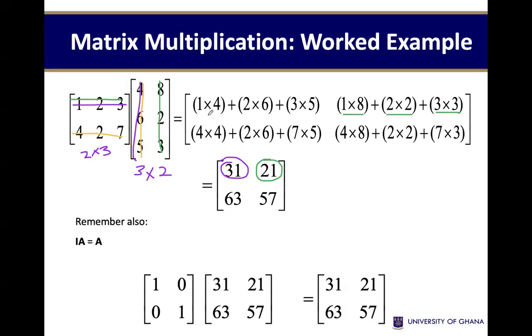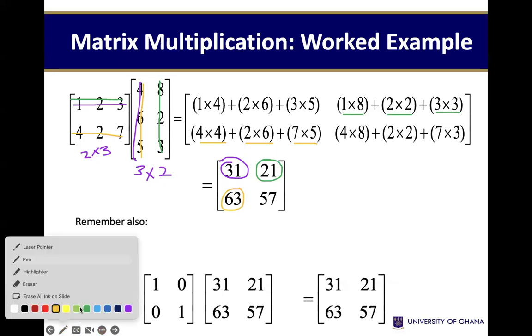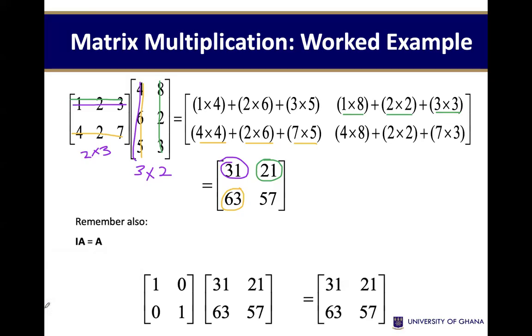So 4 times 4, which is this, 2 times 6, sorry, which is this, plus 7 times 5, and that should give us 63. And then lastly, let me pick a different color, maybe red, yeah, red will work.